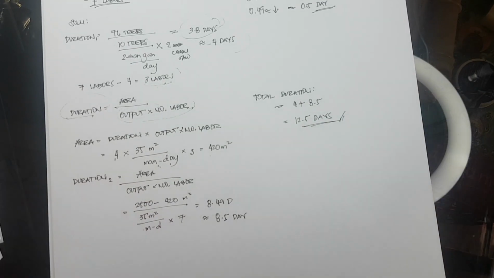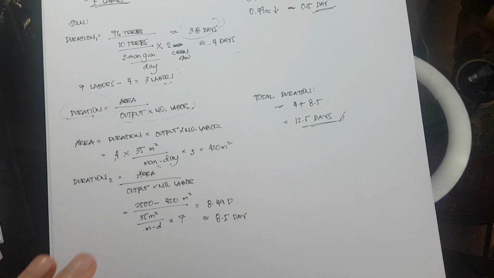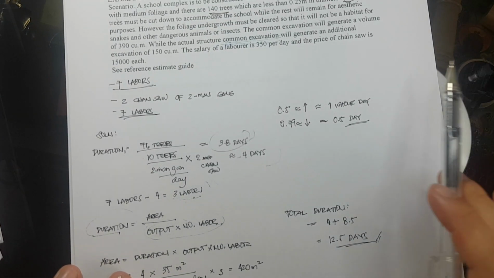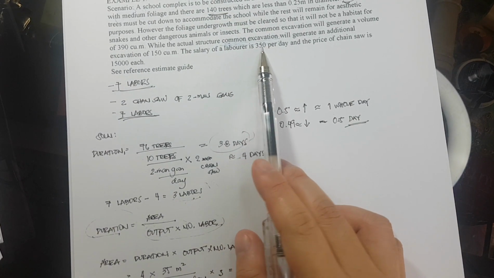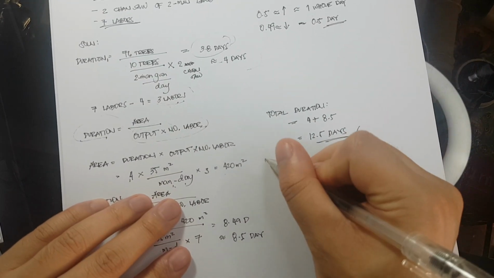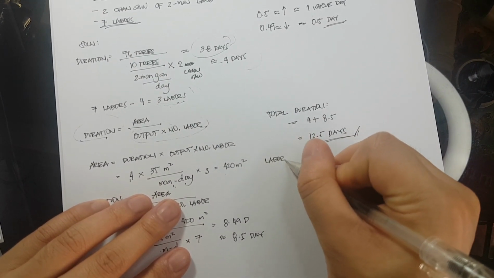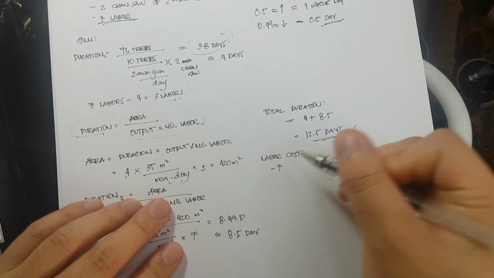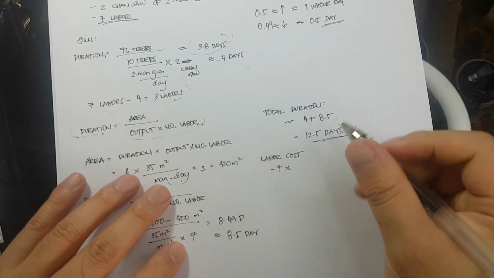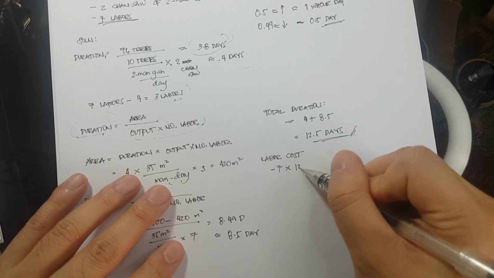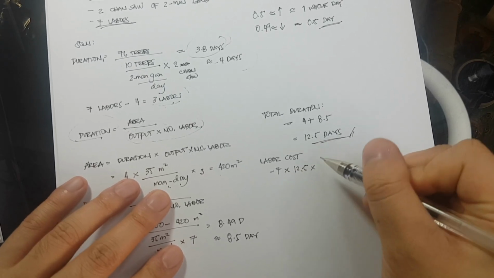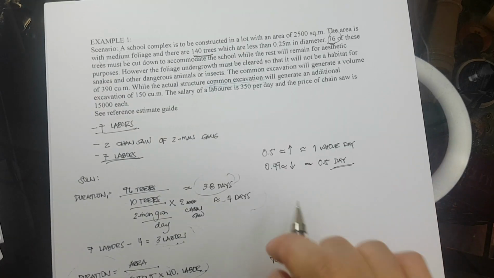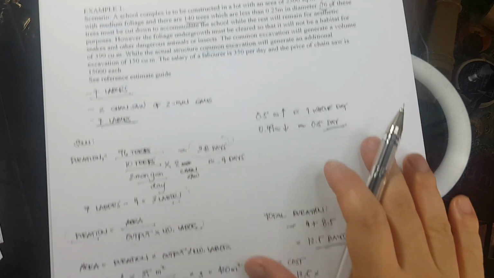Okay? Okay, so are we done now? Not yet. We need to solve for our costing. So for the labor cost, it is equivalent to, we have 7 labors times ilang days sila magtatrabaho? 12.5 times, ano yung rate nila per day? It is 350 pesos.